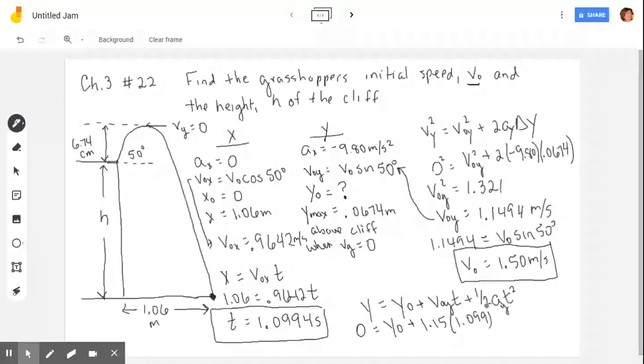Half of a is minus 4.9, and then 1.099 squared. Move this to the other side, and I get y0 equals 1.15 times 1.099 minus 4.9 times 1.099 squared.